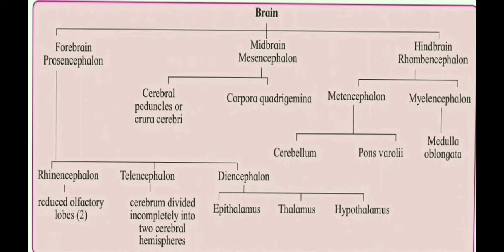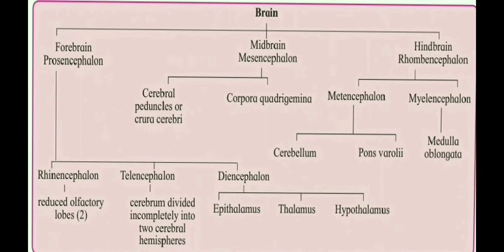Today we'll have a detailed talk about the forebrain, but let us see the names of the parts present in all the parts of the brain. Forebrain consists of three parts, that is olfactory lobes, then cerebrum, and diencephalon. Olfactory lobes consist of olfactory bulbs and olfactory tracts.